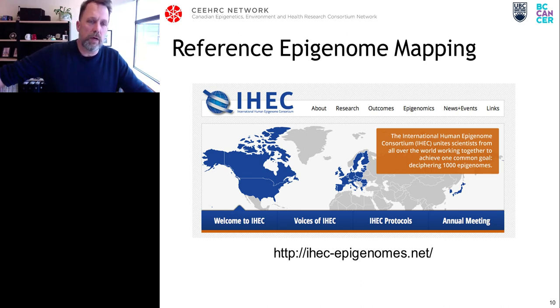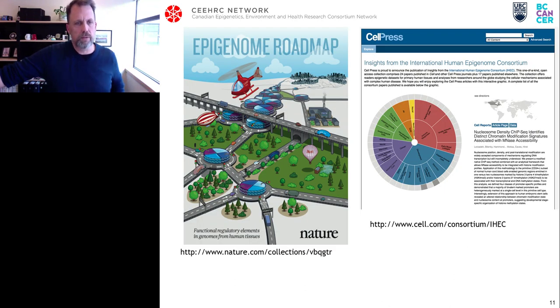maps. As I mentioned, one of the founding members is the NIH Roadmap program. ENCODE is a member, 40N, as well as the CIRC network, and members across Europe and in Asia. And again, the purpose of this consortia is really to generate these reference maps that can then be used for studying diseases.